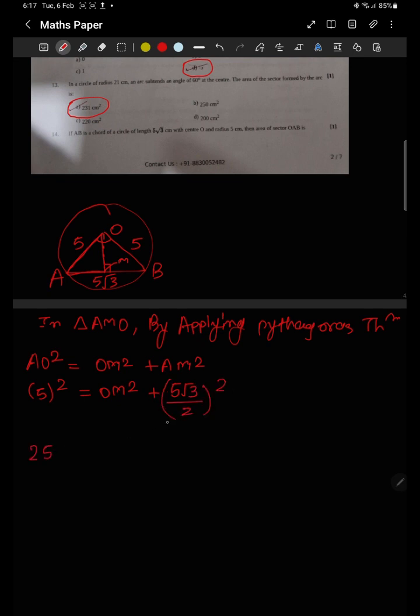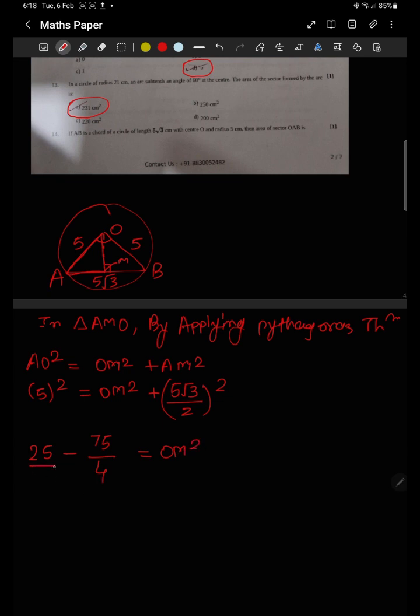This will become 5 5s are 25, minus, we have to shift this AM square value to the LHS. 5 square is 25, and 25 into 3 is 75, because square root and square getting cancelled, so here 3 itself, 5 5s are 25, 25 3s are 75, divided by 4, is equal to OM square.